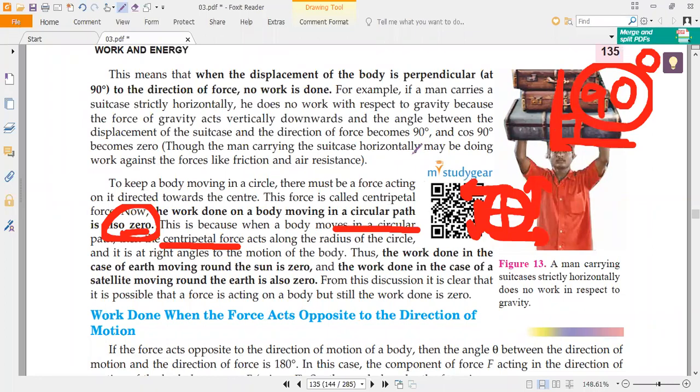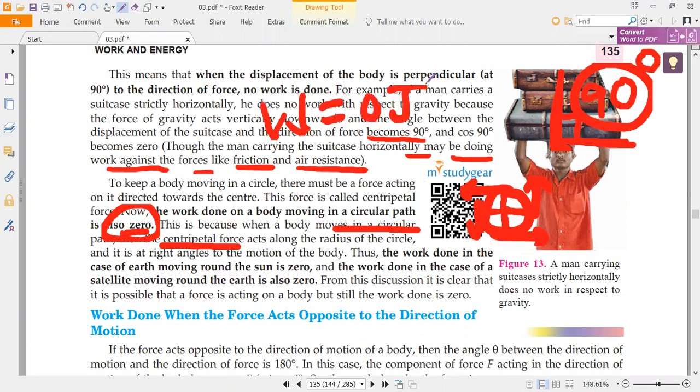0 only. Understanding? A person carrying a load horizontally, like a man carrying a suitcase, may be doing work against forces like friction and air resistance, but the total work done W is equal to 0 joules, because the applied force and the motion are at 90 degrees.